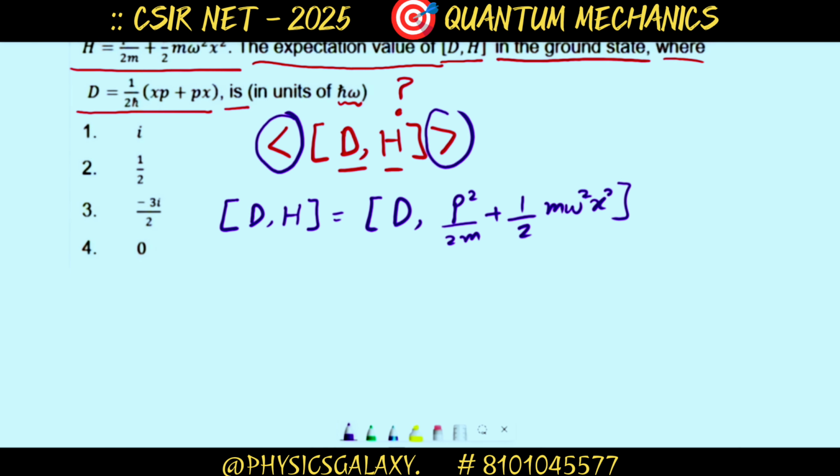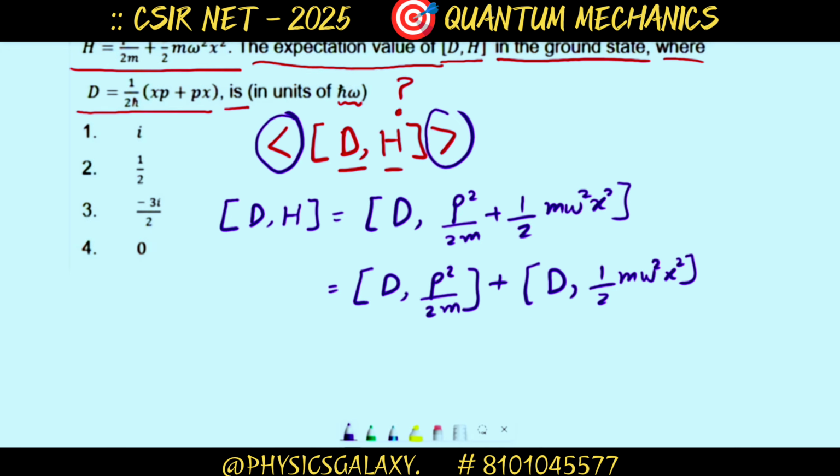We can use the identity of these commutators, so we can write [D, p squared by 2m] plus [D, 1 by 2 m omega squared x squared].